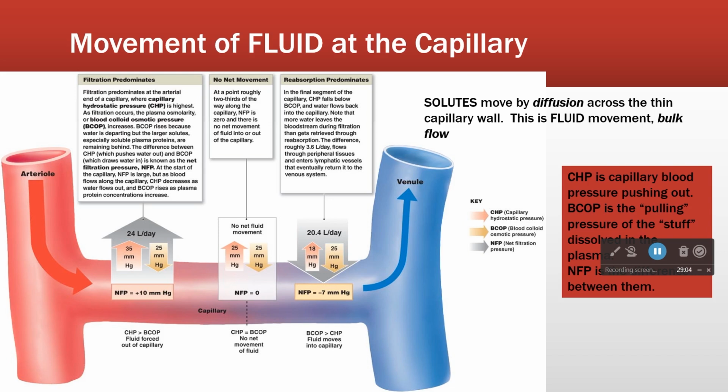That gives us a net filtration pressure of plus 10. All right, what the heck does that mean? It means that fluid is going to tend to leave the capillary at the beginning because the hydrostatic pressure is greater than the colloid osmotic pressure pulling it back in. So you have more out than in, it goes out, right? Now, as fluid goes out, the hydrostatic pressure falls a little. Also, as blood moves across the tube, the hydrostatic pressure falls a little because of resistance.